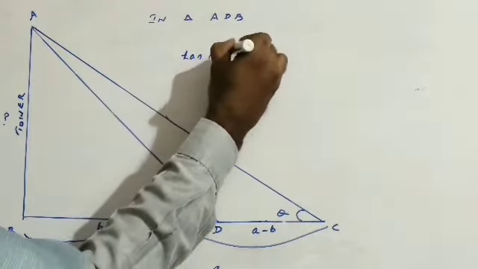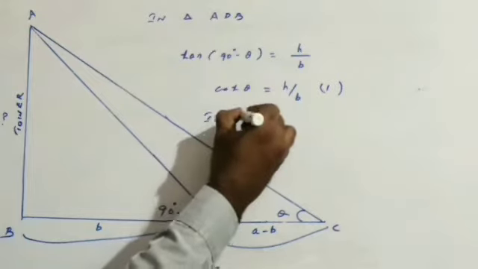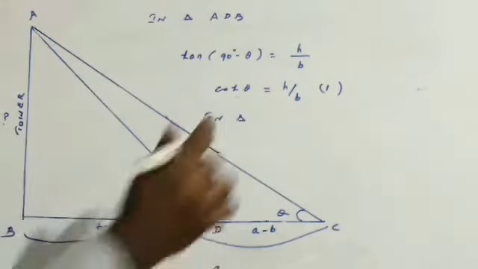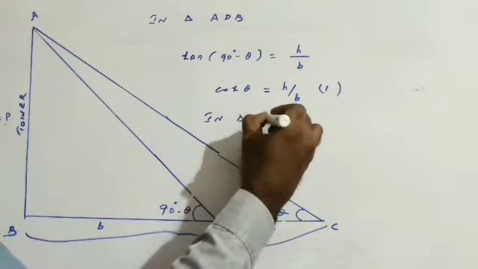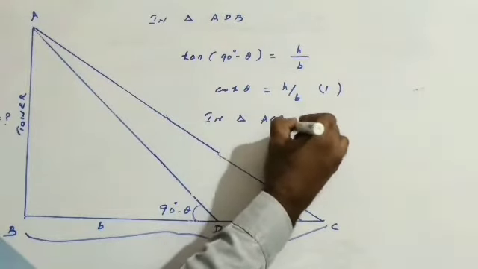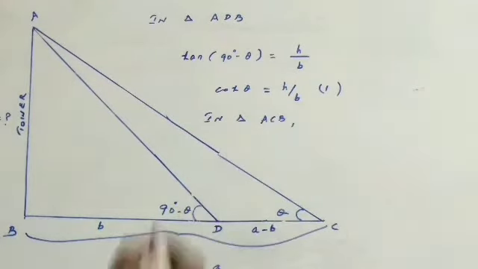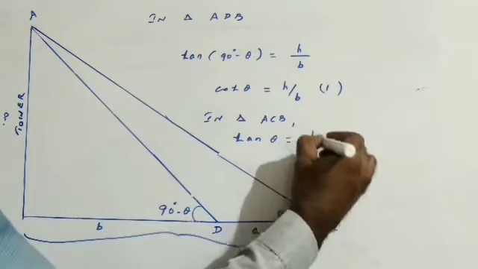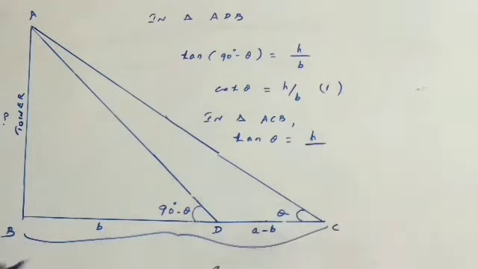In the next triangle ABC or ACB, the angle is theta, so tan theta equal to opposite side, that is H, by adjacent side, that is BC, which is A. Now this is equation 2.